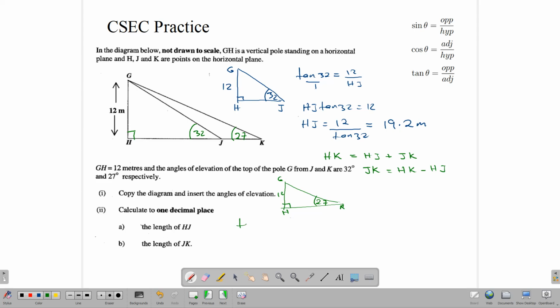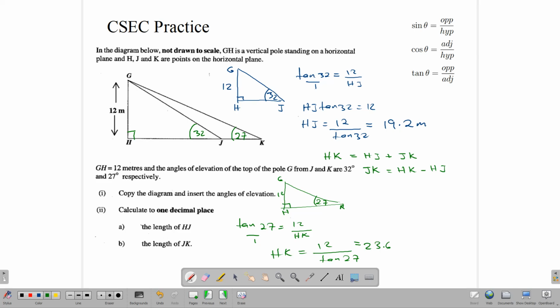So we say the tangent of 27 is equal to 12 divided by HK. It's going to be the same workout as this, as you probably realize. So we can say HK is equal to 12 divided by tan 27. And plugging that into your calculator gives us 23.6.